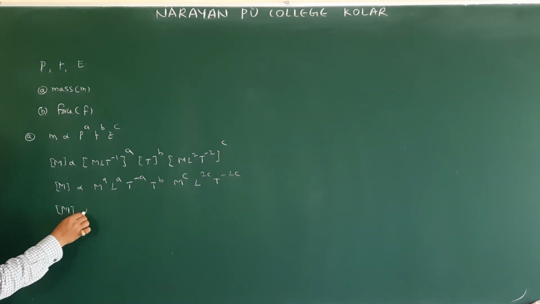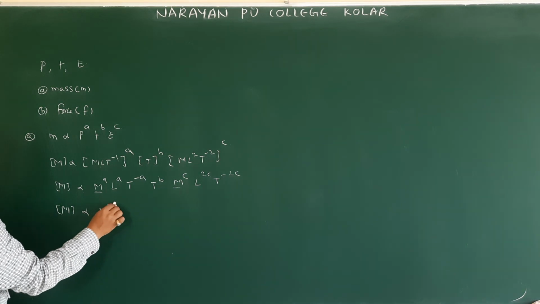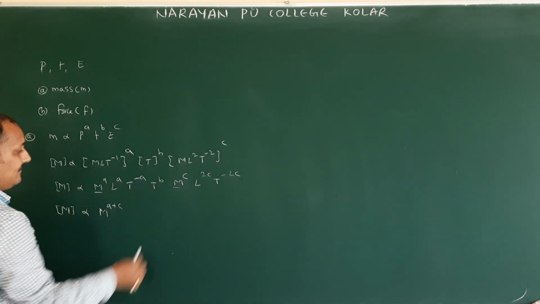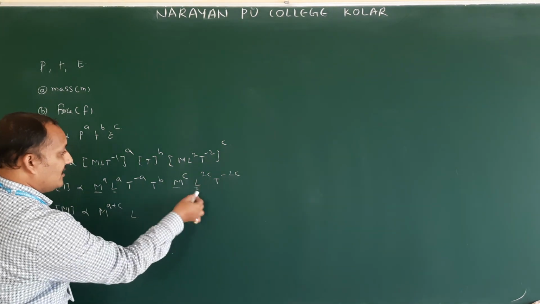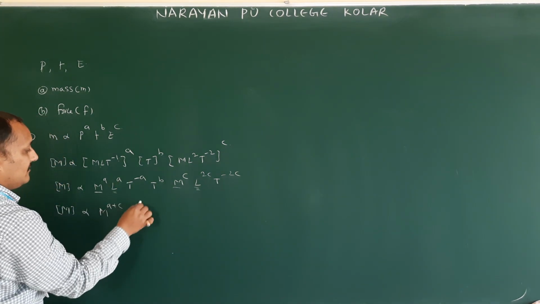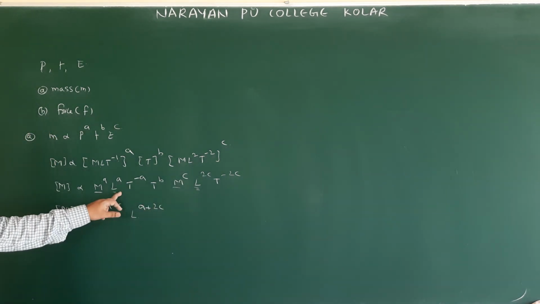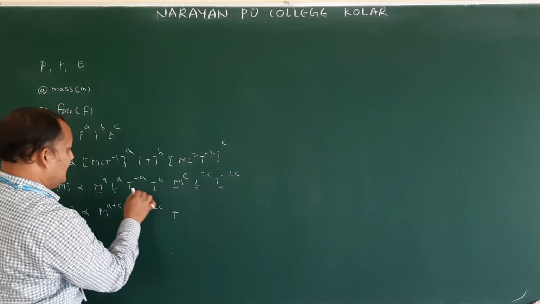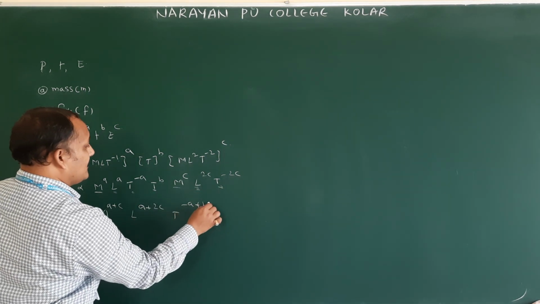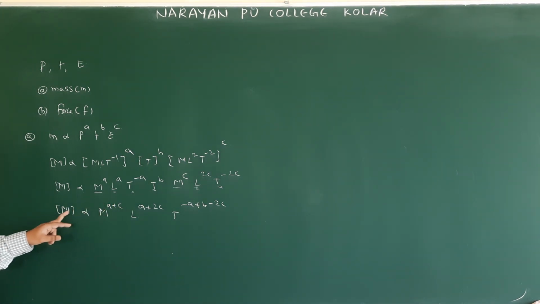LHS only M. On the RHS, M powers you can add: M power A plus C. Next, L powers you can add: only two L's are there, so A plus 2C. Next, T powers, three are there: minus A plus B minus 2C. Compare LHS and RHS. Here M power A plus C, here M power is 1.